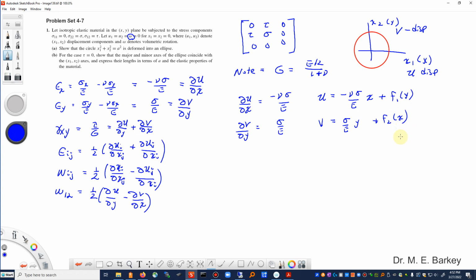All right, let's take our partial derivatives so that we can put them into our shearing strain equation. The partial derivative of u with respect to y is going to be equal to df1 dy. The partial derivative of v with respect to x is going to be equal to df2 by dx.